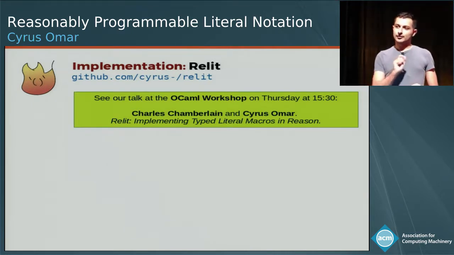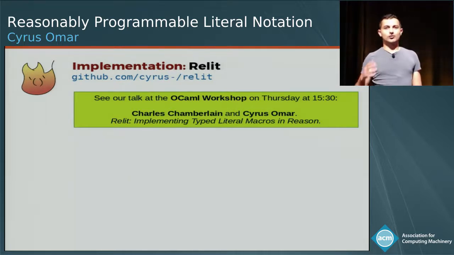Instead, we just added a little bit of notation to the parser, and then we used some encoding tricks. We used singleton signatures and things like that to encode TLM definitions and applications. And then we just defined a little preprocessor that implemented TLMs. So Charles, who's a really bright undergrad that I've been working with at Chicago, is going to be giving a deeper dive and a live demo of Relit at the OCaml workshop on Thursday.